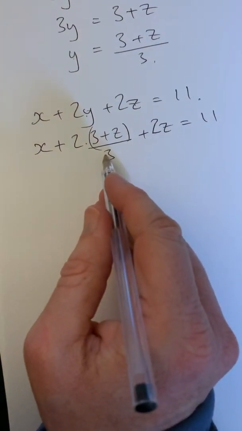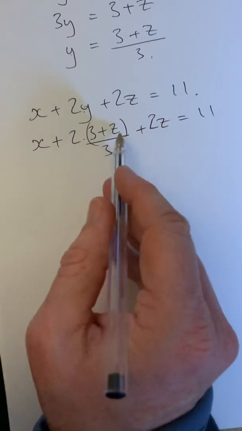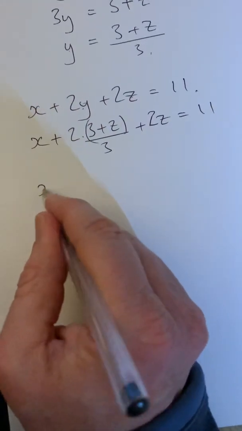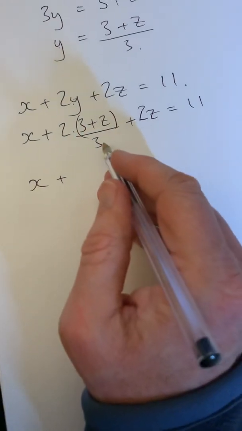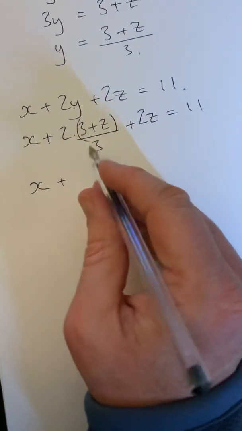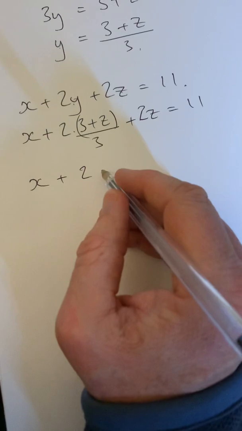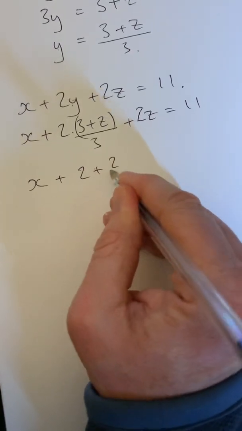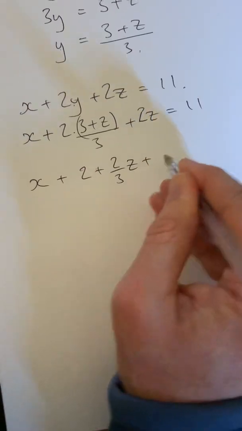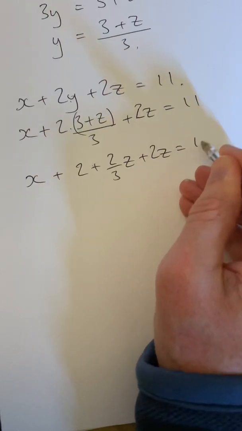What could we do here? We could multiply this out here, so that's going to give us x plus 2 plus 2/3 z plus 2z equals 11.